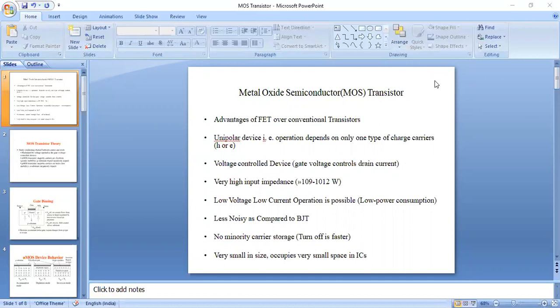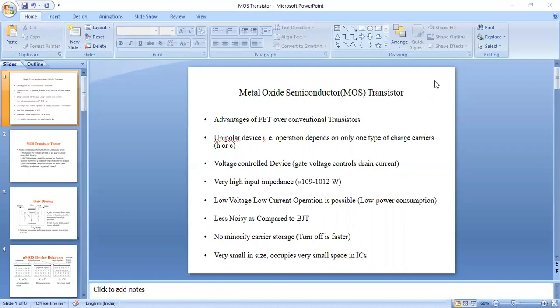The second point about this MOSFET is that it is a voltage control device. Why is it called a voltage control device? As we know, the gate terminal is the main terminal of the MOSFET, and it is used to control the voltage.